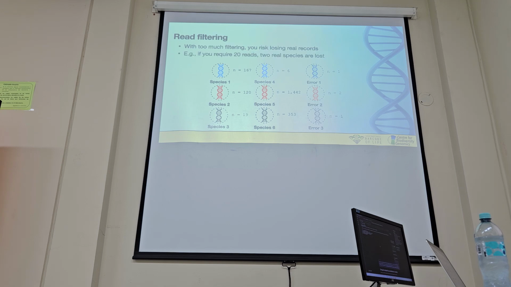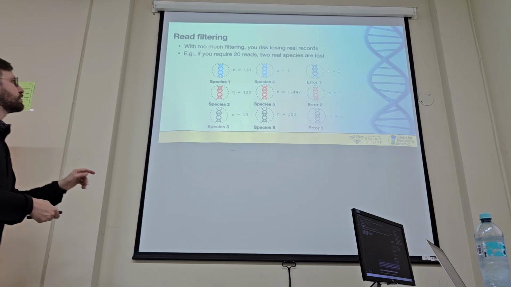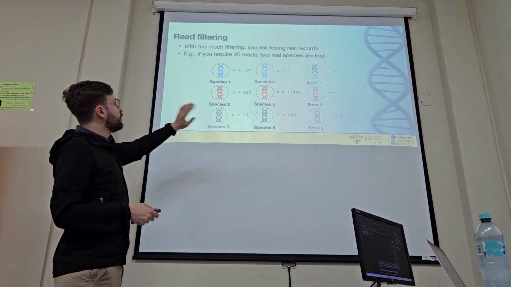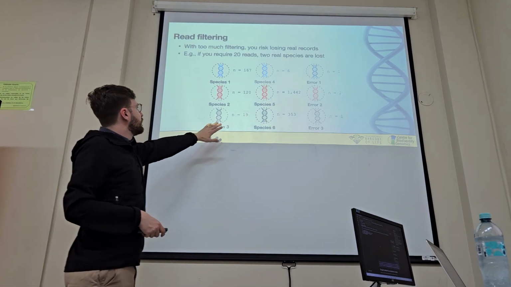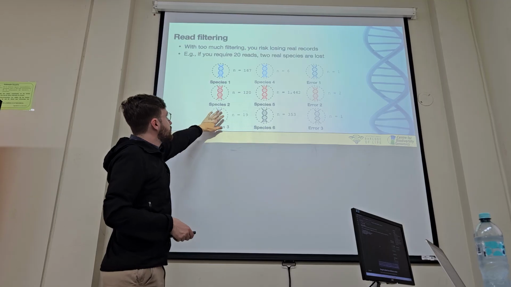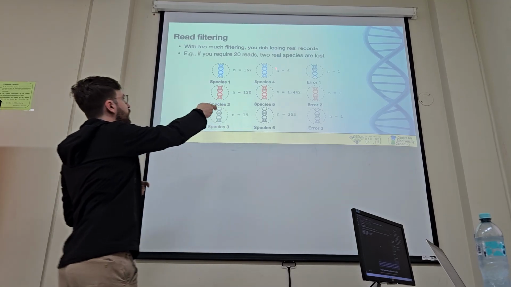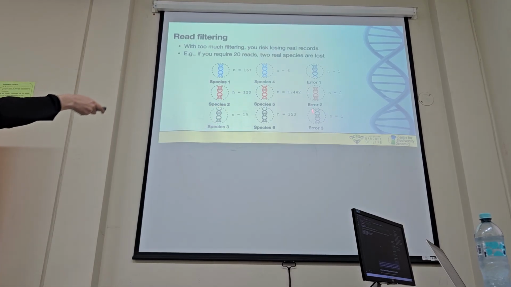If you do too much filtering, let's say, you can maybe see if I do this. See those ones that are changing a little bit? Which I changed the number. If you require 20 reads, say, then you lose this species, this one, and those 3.